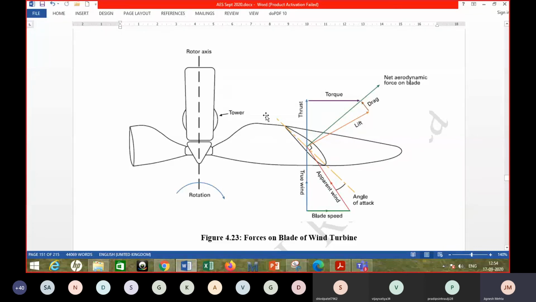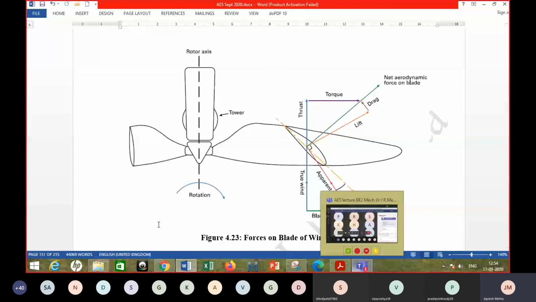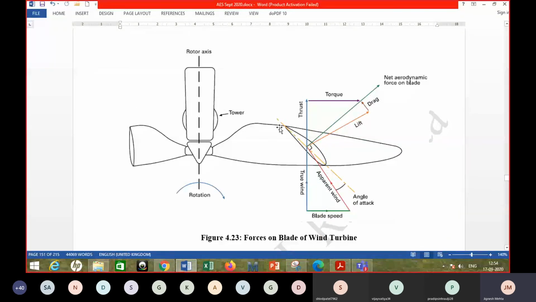So this is a very basic explanation about a particular design of wind turbine. We are not going into too much detail of the aerodynamics, as that's not the subject of discussion here. But when you talk about this particular design of the windmill, you need some basic idea about how the power is generated and which forces are generated, because that finally affects the considerations for the design of a wind turbine.